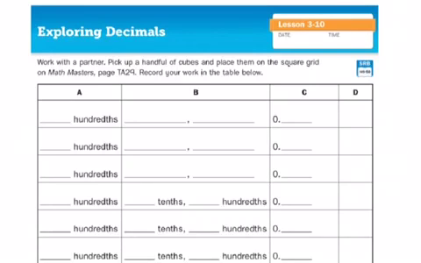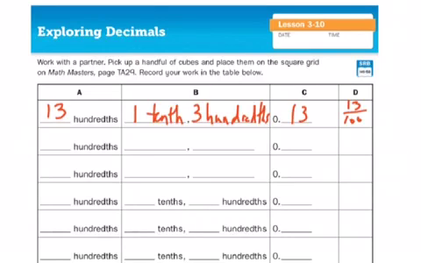So we said we had 13 hundredths, and that means we have 1 tenth and 3 hundredths. That's written as this, and then as a fraction it is 13 over 100. Make sure you get that in your math journal, and when you get that done, go ahead and come back.